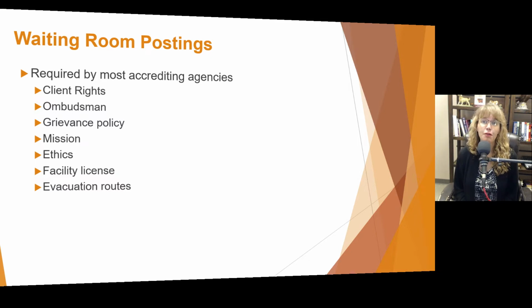What you need to have in most waiting rooms posted conspicuously include a statement of client rights, the number and contact information for the client ombudsman, a grievance policy, the mission statement, a code of ethics, the facility's license or licenses, and evacuation routes. If you think about any doctor's office that you've been in, you will recognize that most, if not all of these things, you've probably noticed before.